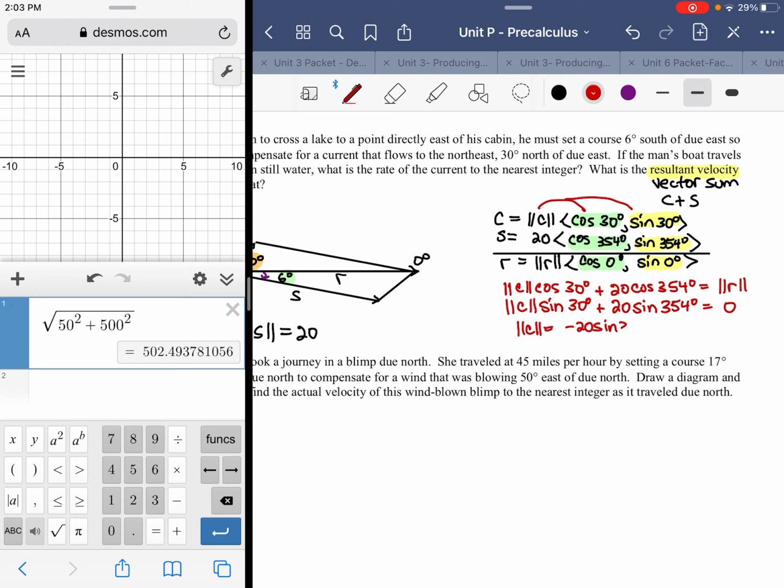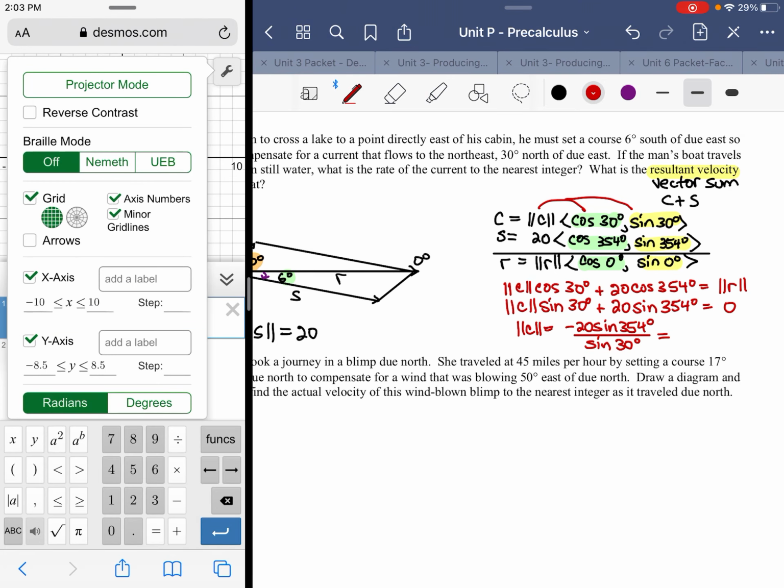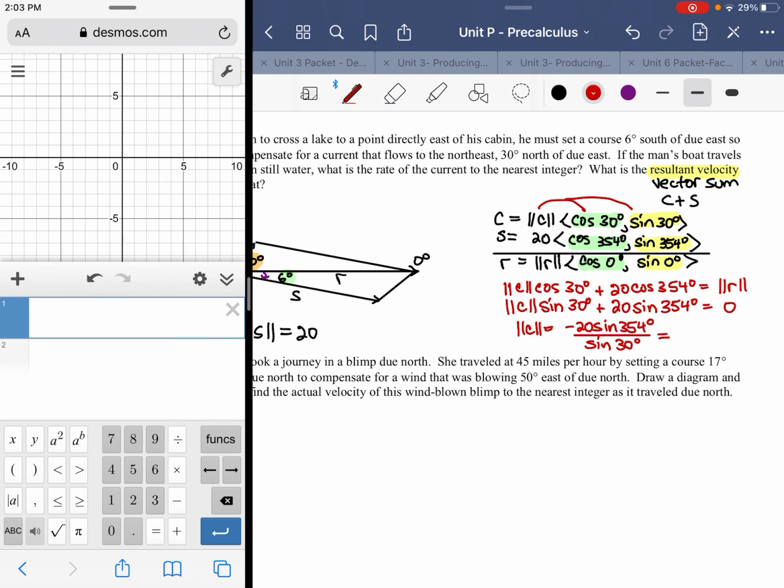So the magnitude of C is going to be equal to, if I subtract the 20 sine of 354 and divide by sine of 30 degrees, I'll get the magnitude of C.